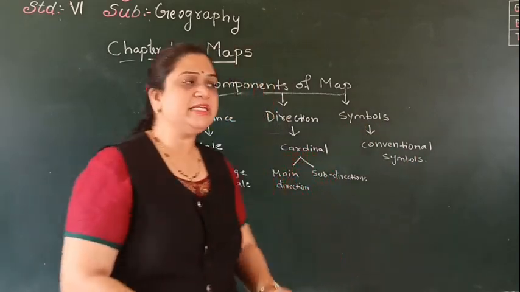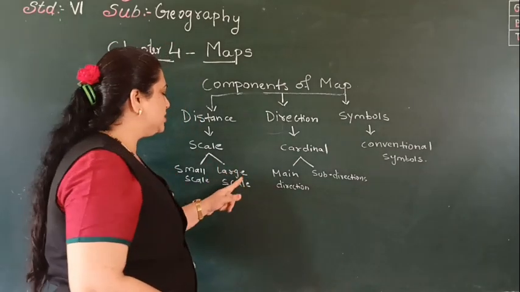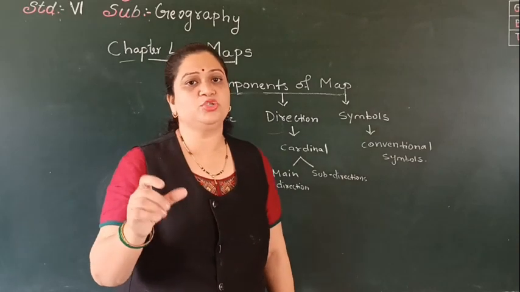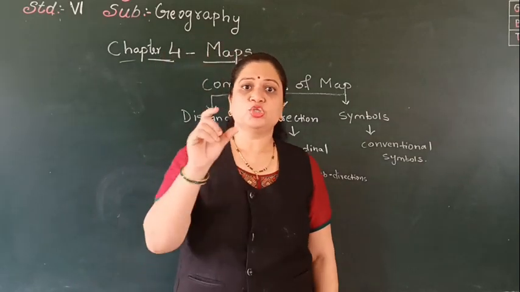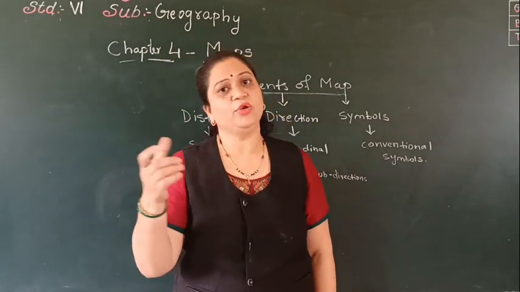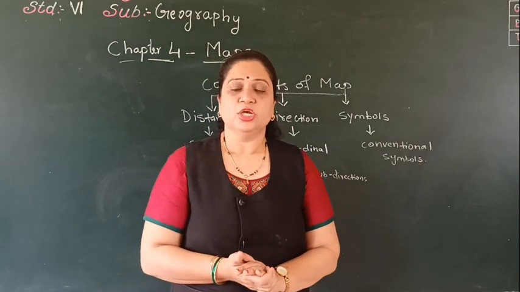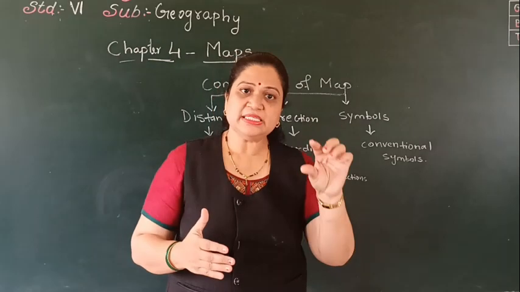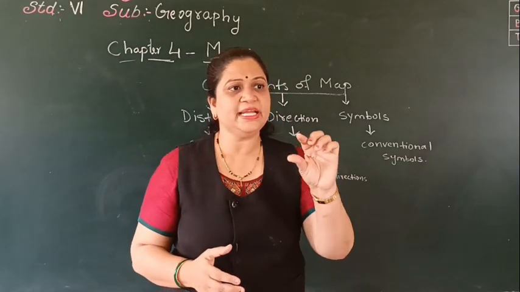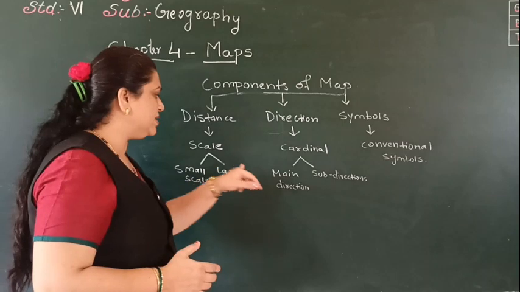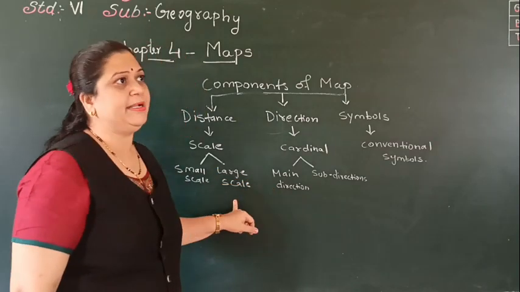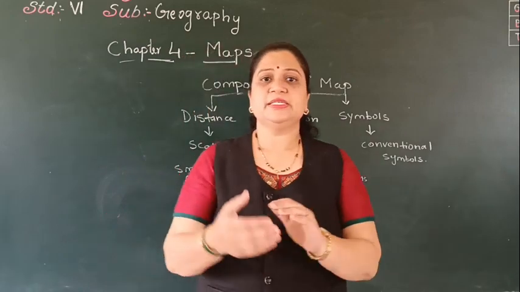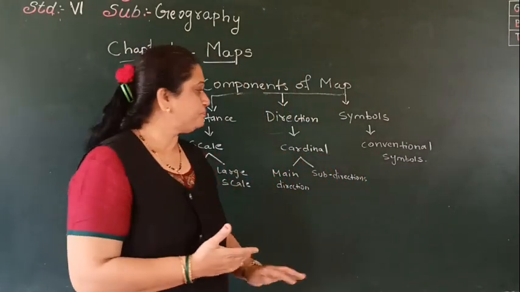So children, for these long distances you will use the large scale, that is 1 centimeter is equal to 100 kilometers. So 5 centimeters is equal to 500 kilometers. So children, this is the large scale. So in small scale, 1 centimeter shows 5 kilometers, and in large scale 1 centimeter shows 100 kilometers. So children, this is about the scale.